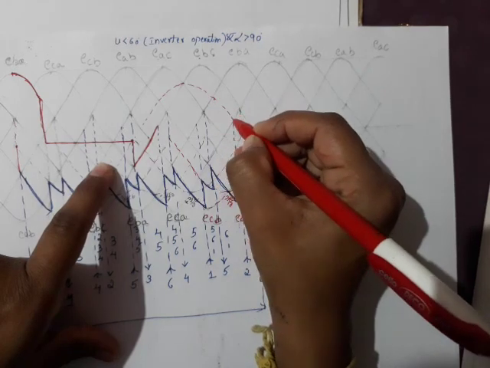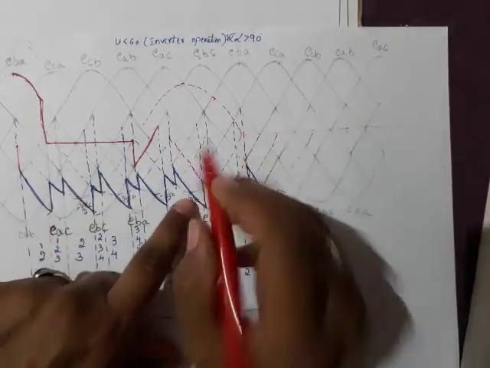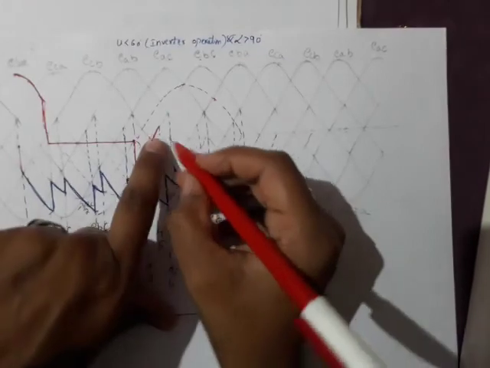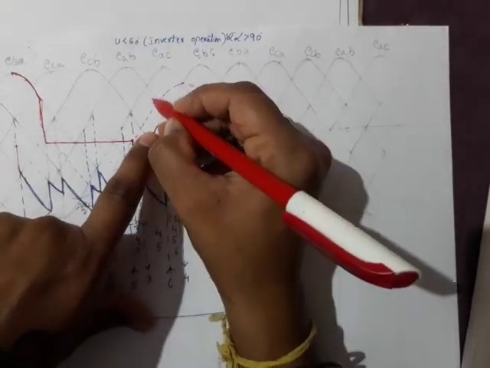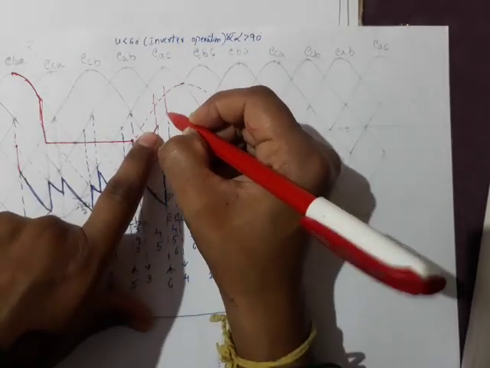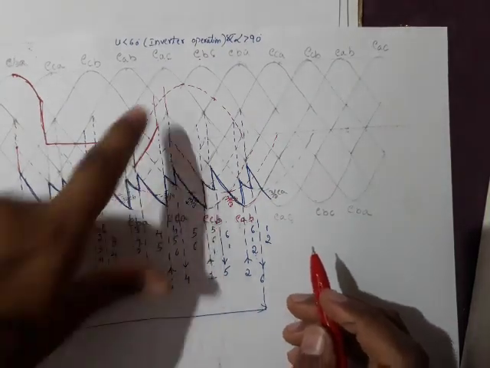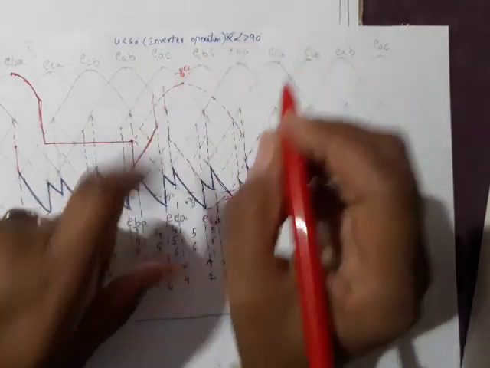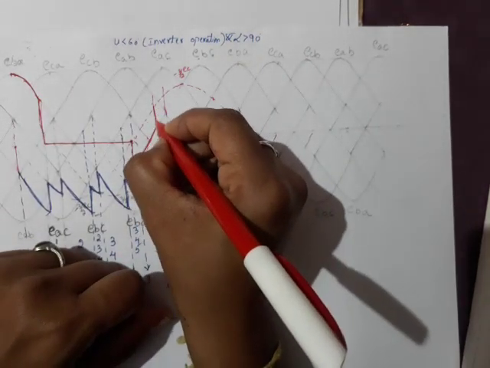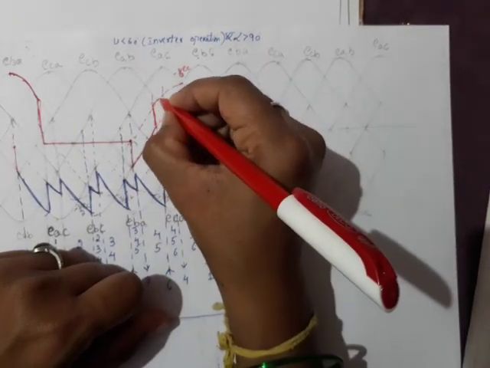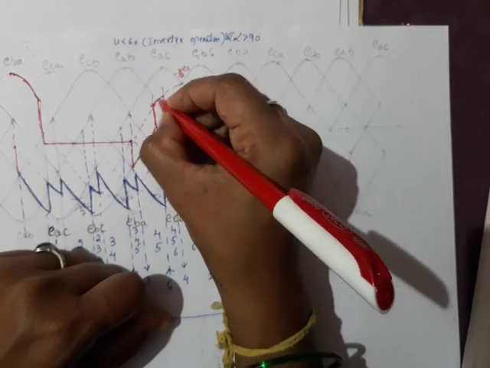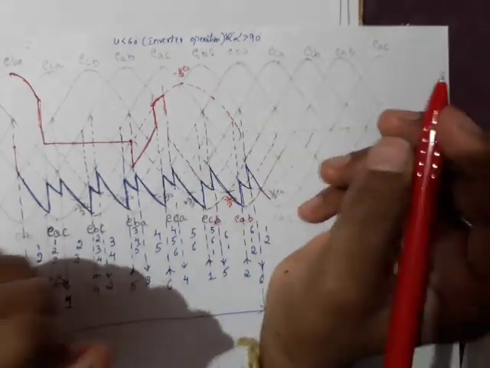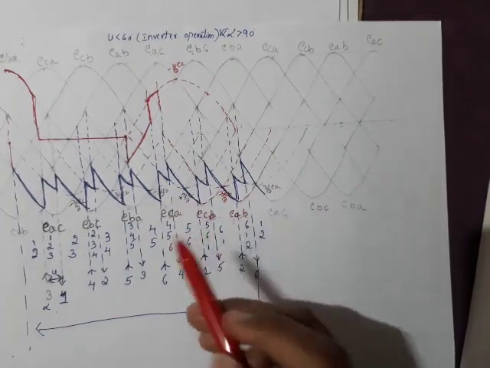So like this it will come, exactly opposite to this. Between these 2 points it has to follow minus 3 by 2 times of EC. So it will just shift like this and create a dent here. So this is the dent.